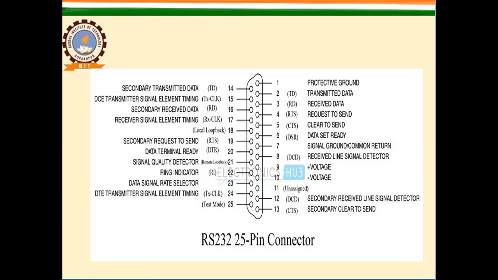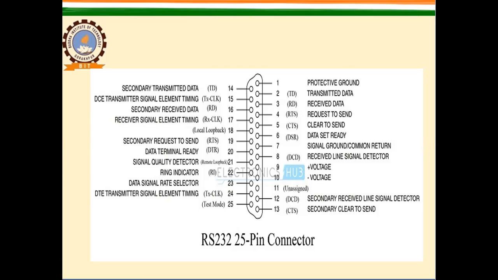Then pin number 5 is used for the clear to send signal. Means the channel is now ready, the path is now ready between the terminal and the transmitting and receiving devices, and now the data can be sent.